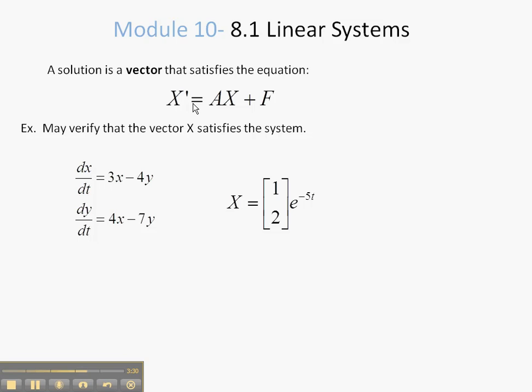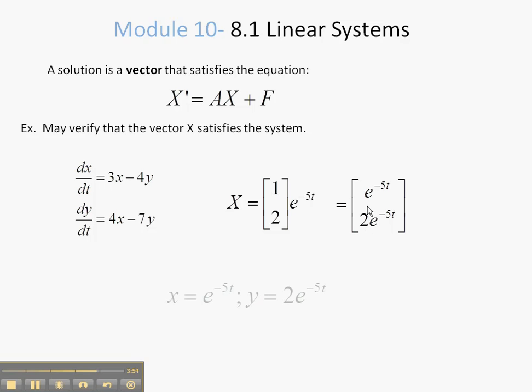Here's an example. If I have this system, and I've written it in just regular system form, and suppose that I'm asked to verify that this vector x is the solution to the system. Well, first of all, I can see here that if I multiply times e to the minus 5t, I get exactly this vector. So I'm asked whether this vector satisfies that equation.